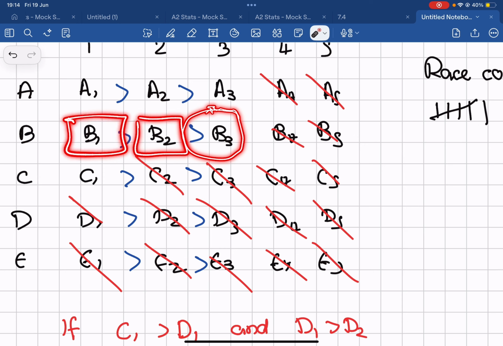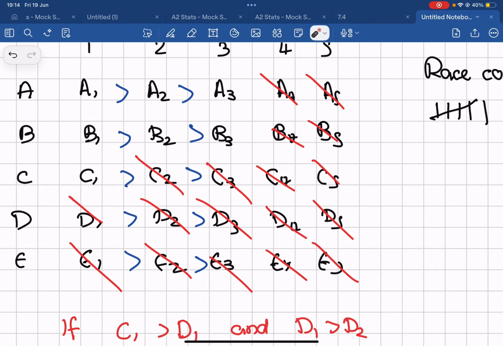But we said that A1 was greater than B1. So we can also eliminate B3. Now what's left? We're left with A1, A2, A3, B1, B2, and C1.